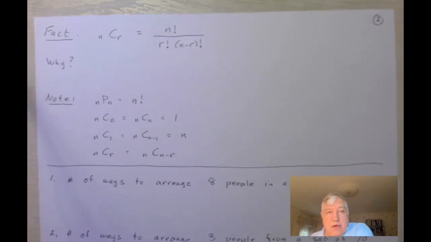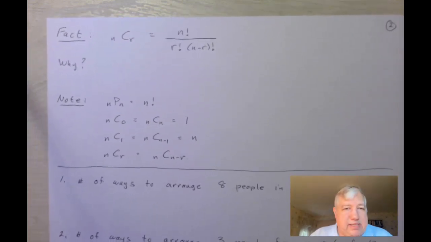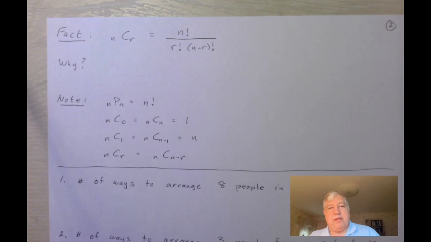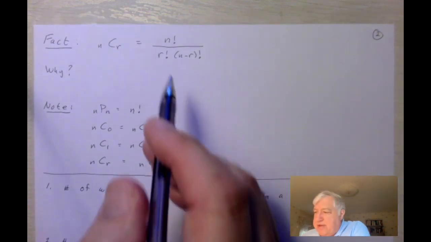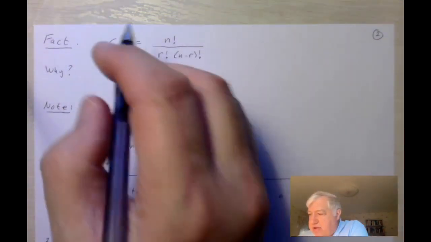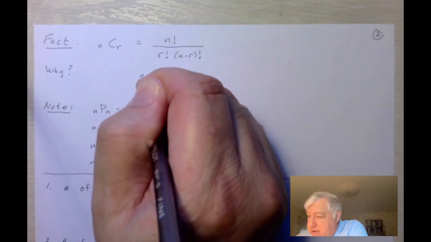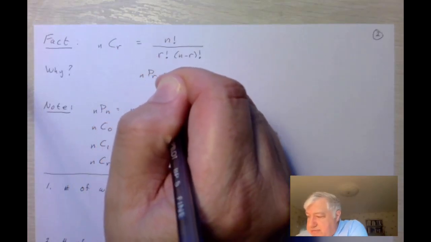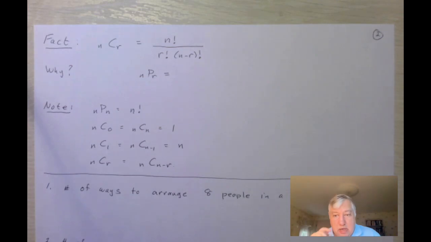So then how do we find what nCr is? The number of combinations, or the number of ways to choose r objects from a set of n objects. Well, it's basically this. We're going to compute nPr in a couple of ways. We already computed it one way. Let's say we first choose the r objects, and then we arrange them.